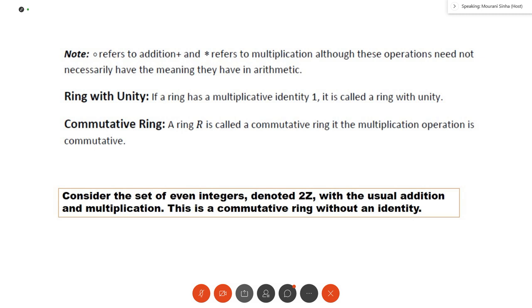So you can see here there is a note saying that O refers to addition and star refers to multiplication. Although these operations need not necessarily have the meaning they have in arithmetic, they can be defined in a different way also. So for multiplication, if you remember, only till associative property. After that, if the ring has a multiplicative identity 1, it is called a ring with unity, because my second operation is multiplication after addition.